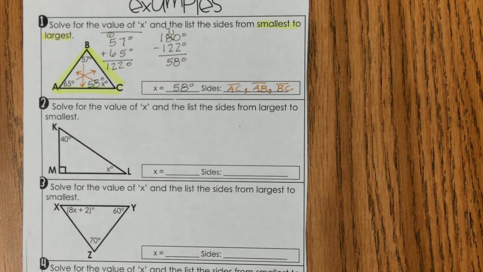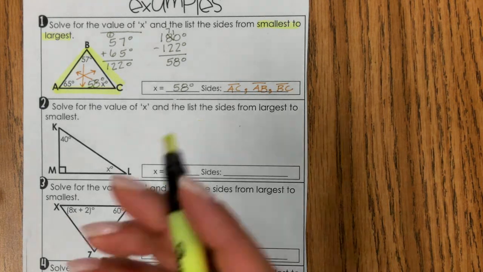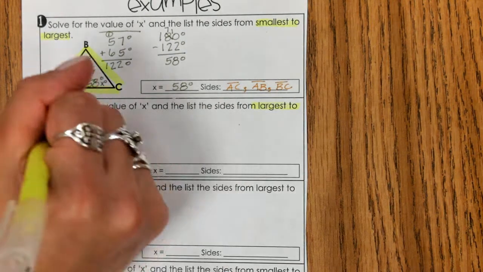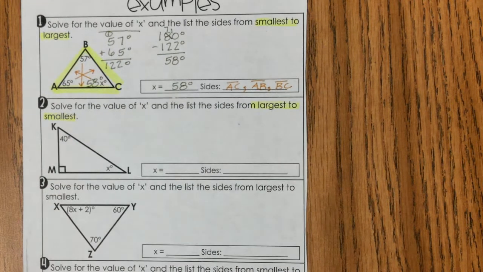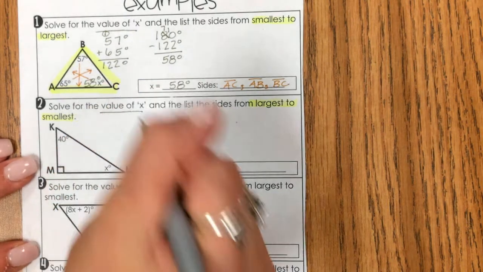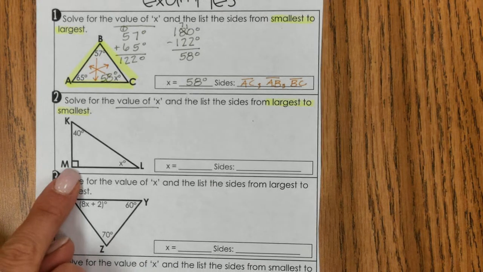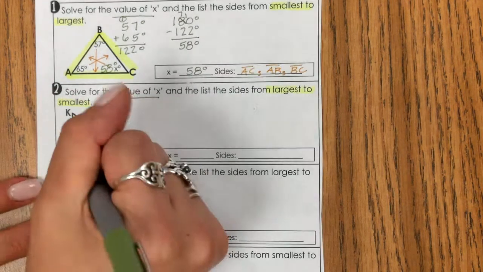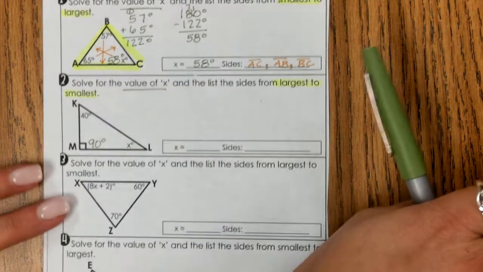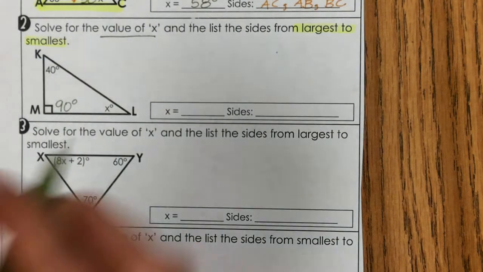So next we're solving for x again, but this time we are ordering from largest to smallest. Okay, so on here we have one angle that's measured with a square, which means it's a what? So my first step would be to add those two amounts.